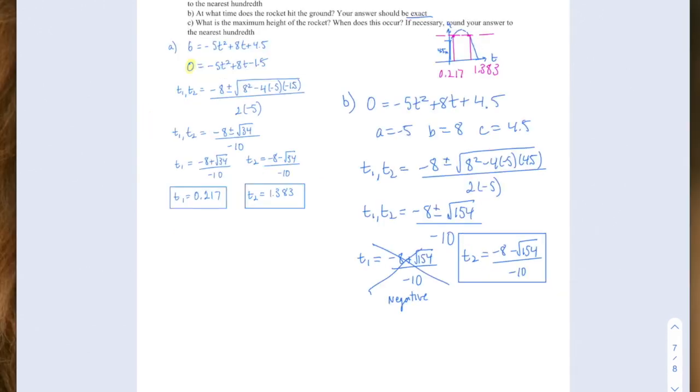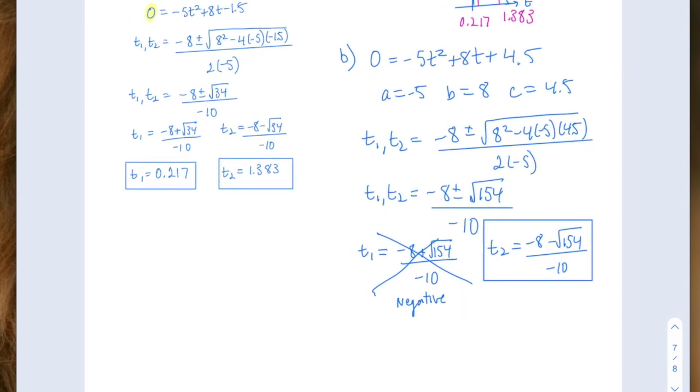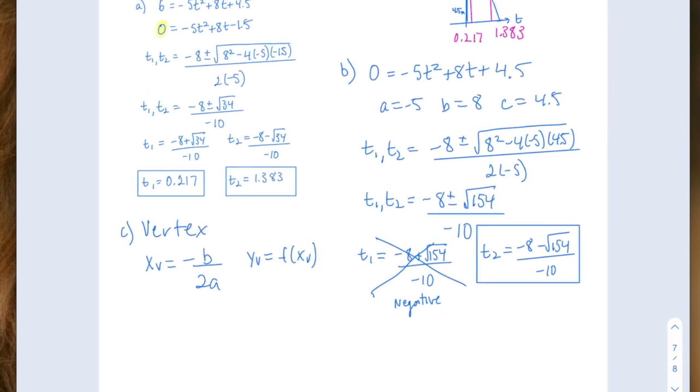If we look at part C, it's asking us for the maximum height of the rocket. Hopefully you have all watched the video that I marked must watch, because something we learned is that if I want to find the vertex of a parabola in standard form, xv is negative b over 2a. And if I want to find yv, I just sub xv back into my function.